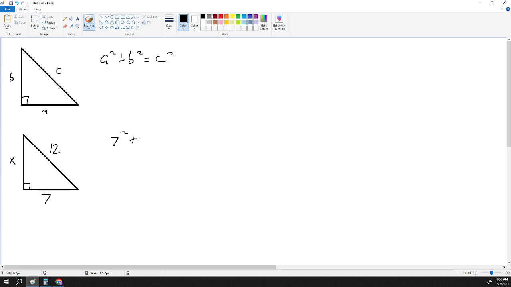7 squared plus x squared is equal to 12 squared. Right? So we have 49 plus x squared is equal to 144. Subtract both sides by 49. You leave with x squared is equal to 144 minus 49. What's this, 95?